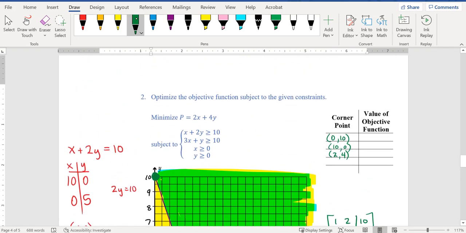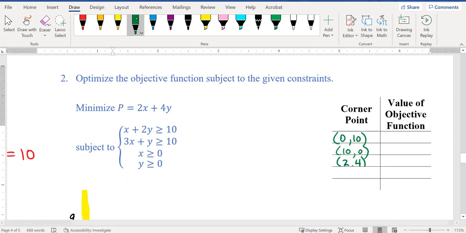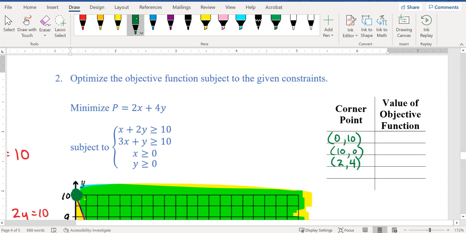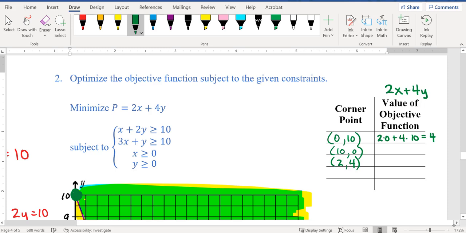Now let's go plug those corner points into my objective function, which is 2x plus 4y. So 2 times 0 plus 4 times 10 is 40. 2 times 10 plus 4 times 0 is 20.